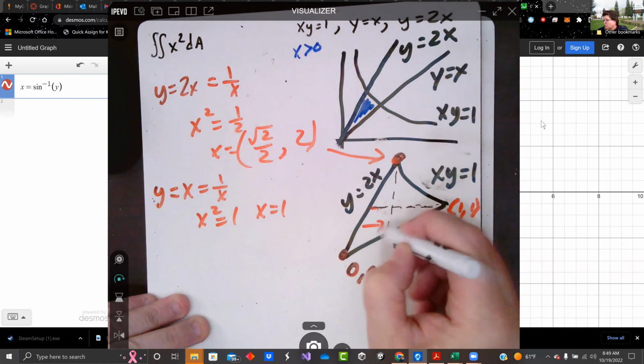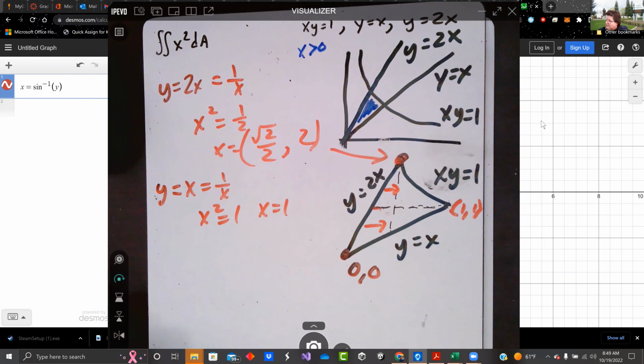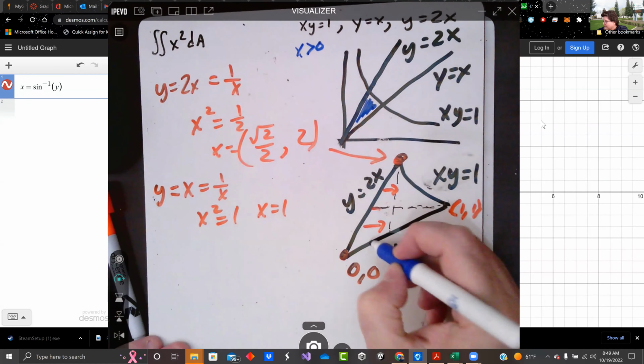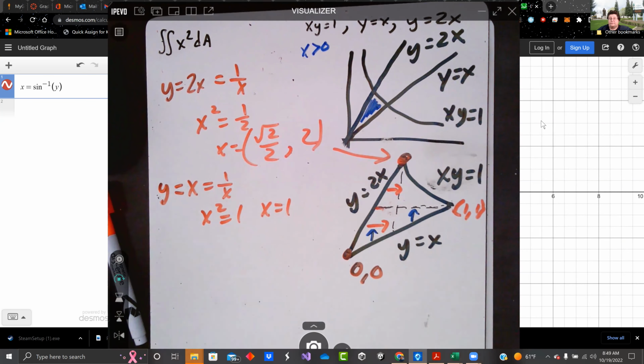You've got one order of integration there, and it changes when we get that. And if you go upwards, the left half is different than the right half. So either way, you have to do two sets of double integrals.